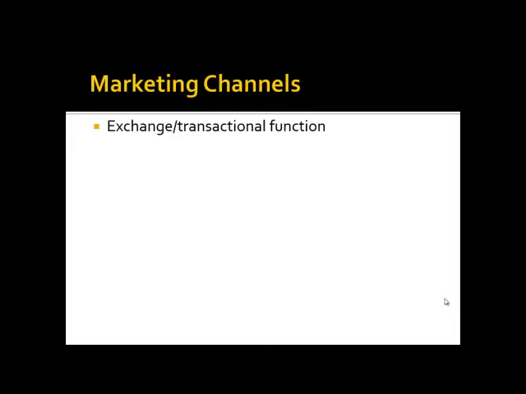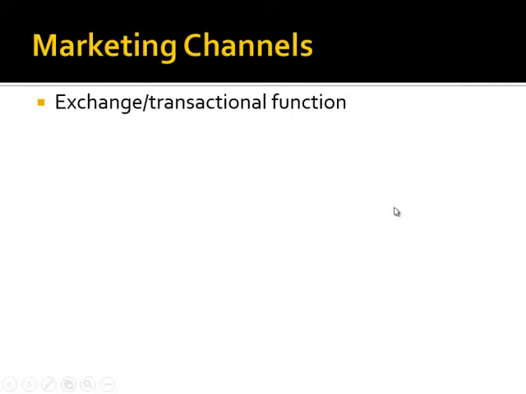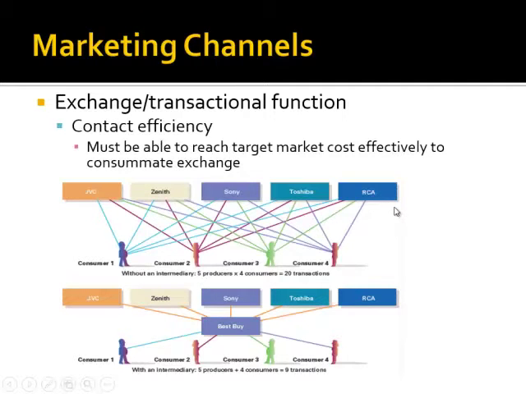When designing a channel or thinking about the structure, there is an important consideration in terms of the exchange function. That's the notion of contact efficiency. The company has to figure out the most cost-effective and marketing-effective way to bring buyers and sellers together so that they may purchase the product.